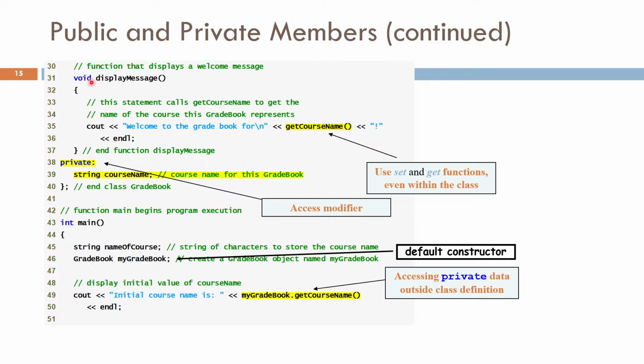As we can see here, our displayMessage has access to courseName by using the getCourseName function itself. Now similarly, we can say, okay, instead of using getCourseName, we can just put courseName because it's within the class. But we just use the getCourseName function here for easier access and controlled access.